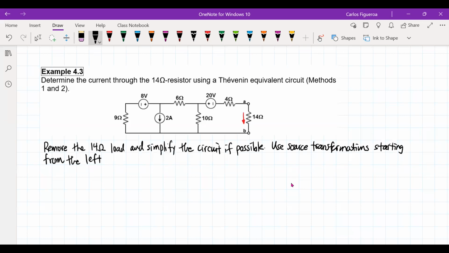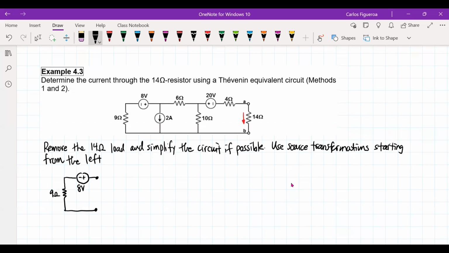So if I look at the circuit, it looks something like this. I see here that I have a 9 and an 8 that are in series. It is this branch that I'm interested in simplifying.